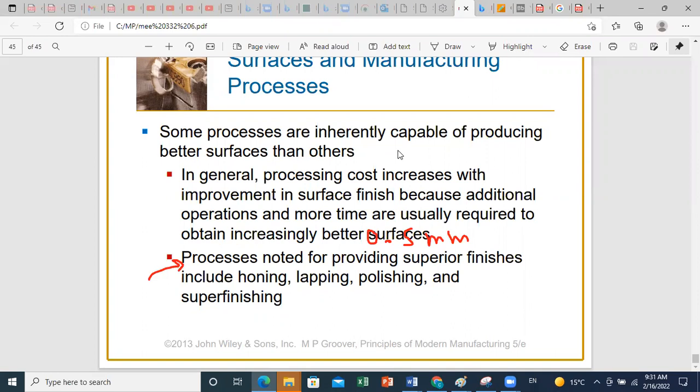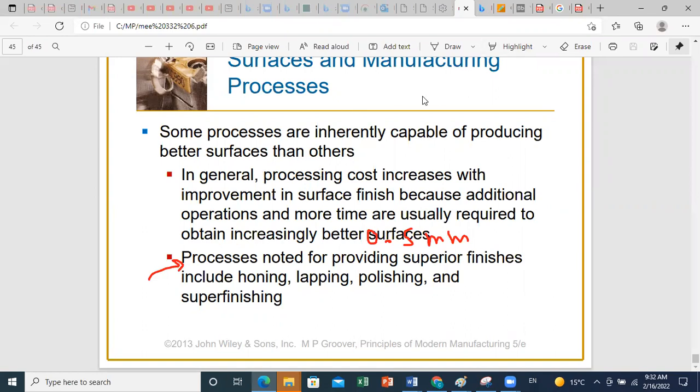In general, it's the last process used to achieve a very high smoothness. Super finishing is also known as micro machining or micro finishing, and it consists of improving the surface finish of your workpiece geometry. So this is chapter 6.